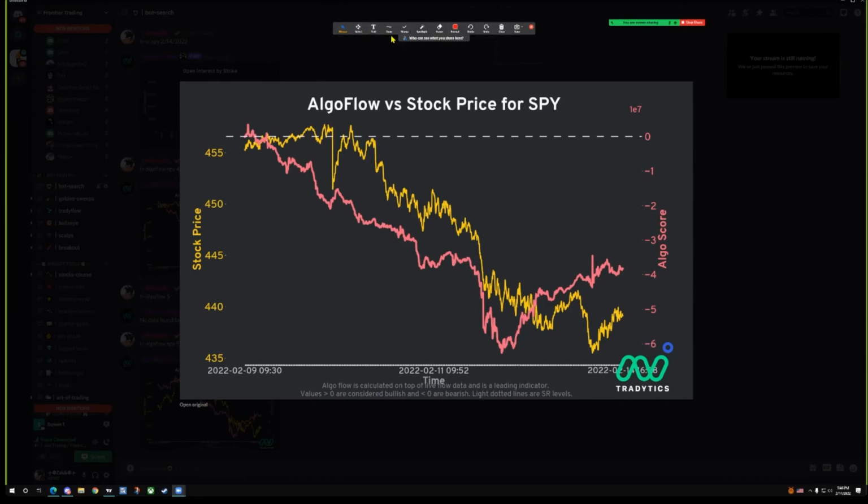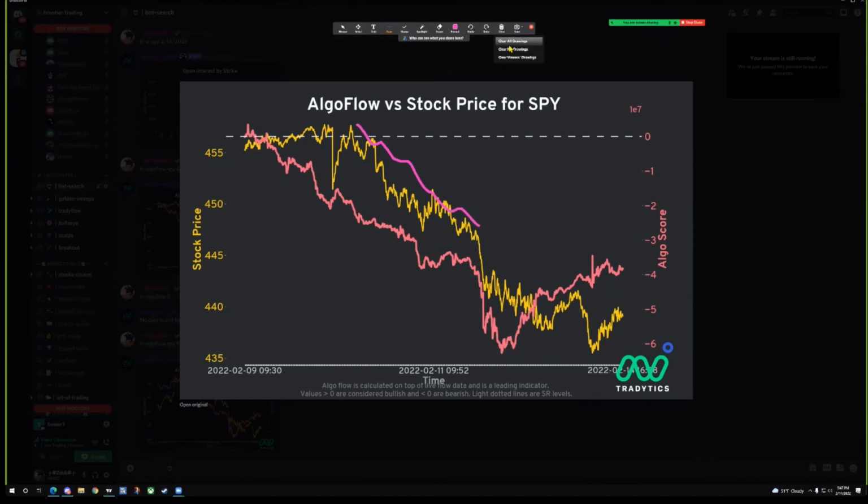How do you read this? You're looking for two things. Essentially, you want a divergence, which basically means that the stock goes one way and the algorithm goes the other way. They're just going opposite directions. Or you're looking for spikes, or basically leading spikes. You don't want them to be lagging spikes. What this means is, let's say the stock is going down, like it is right here.